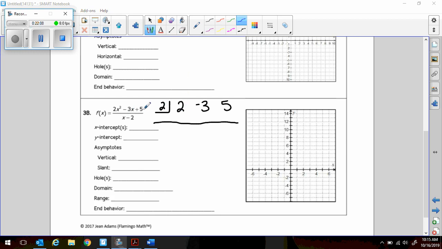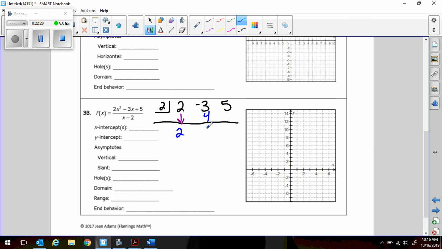So remember, I just changed the sign and put the 2 in the house, and I just put the coefficients of the dividend on the top, and then I'm going to bring down the first number. This is 2, and then we multiply it. 2 times 2 is 4, and then we add.